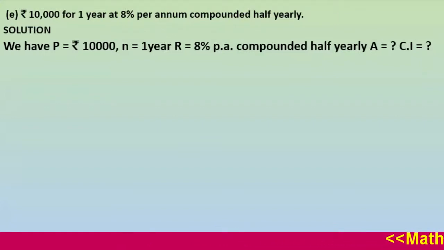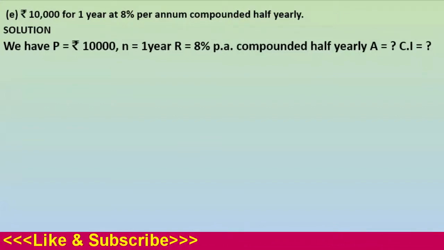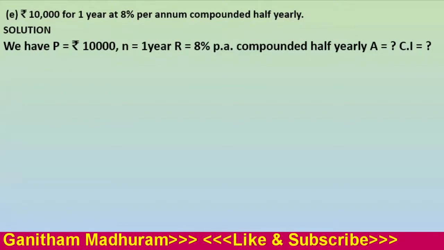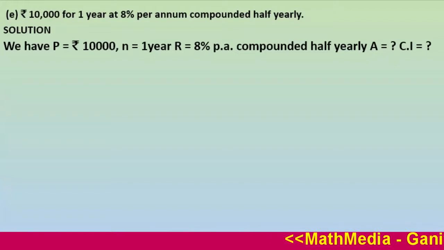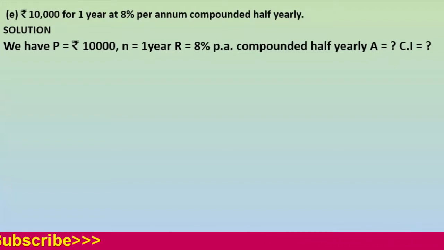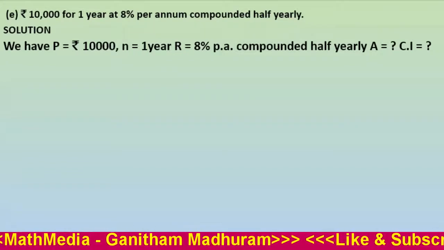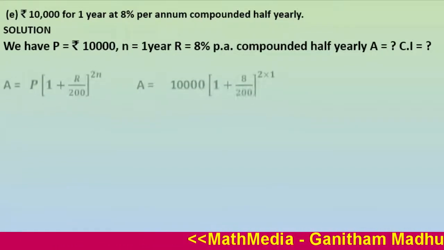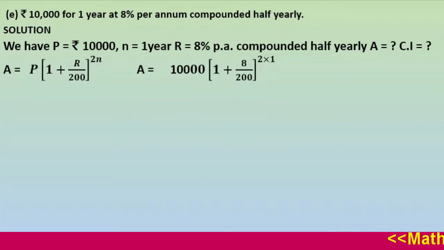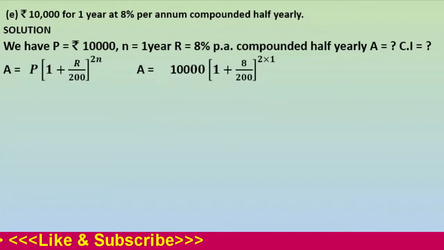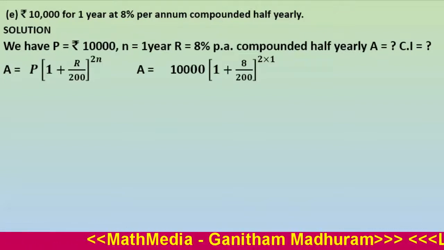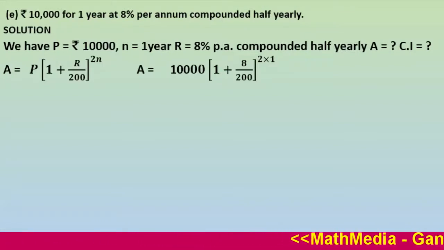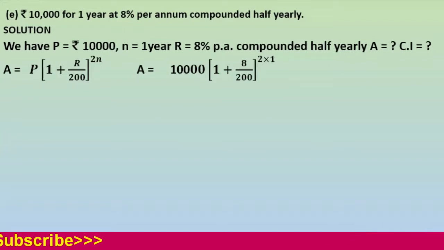Now do you remember the formula of compound interest? Yes, compound interest calculated half yearly, then the formula for amount equal to P into 1 plus R upon 200 whole raised to 2n. Now we can substitute the value on this formula. So we get amount A equal to 10,000 into 1 plus 8 upon 200 whole raised to 2 into 1.